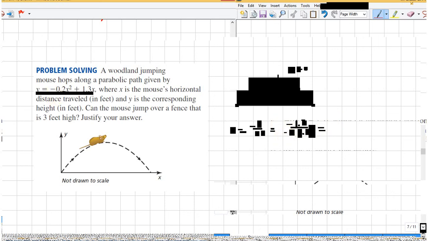Because a is negative. So this should be 1.3 all over 0.4, which I have as 3.